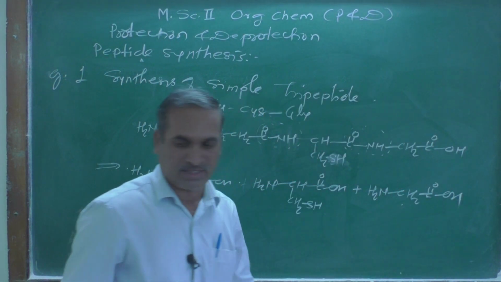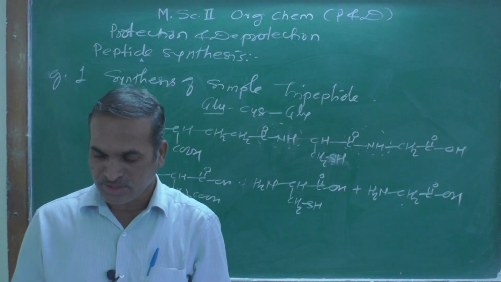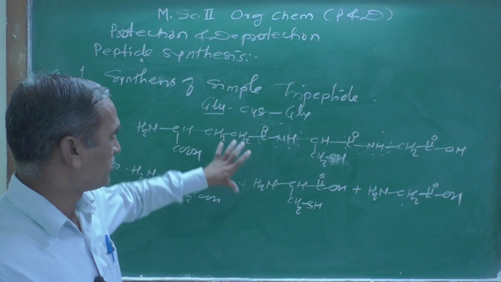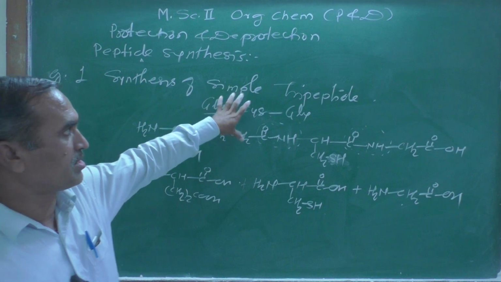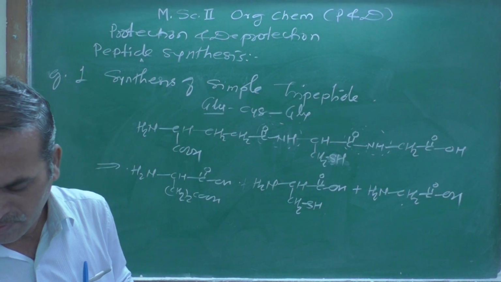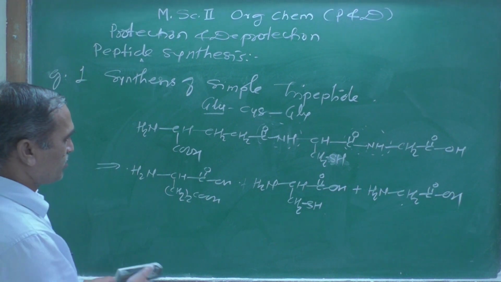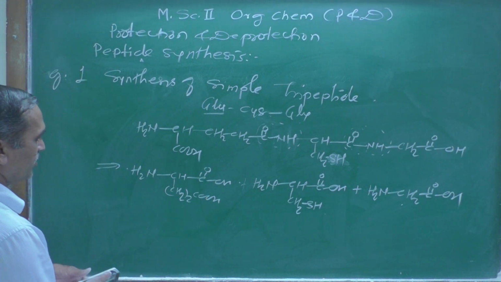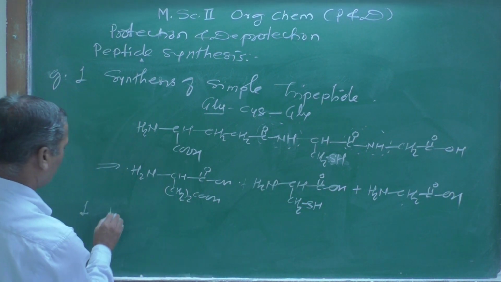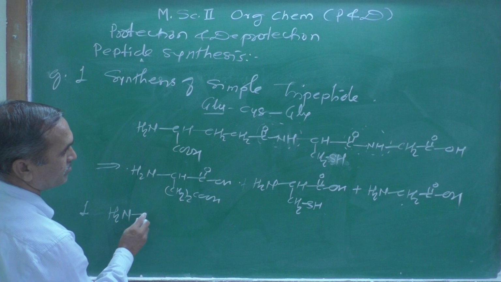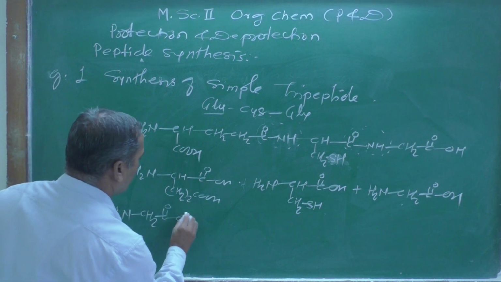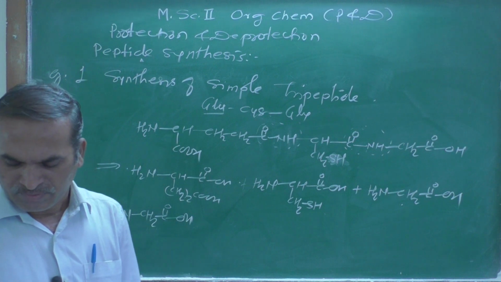This is glycine. These are the 3 structures combined together, and we are getting this type of peptide synthesis, that is a tripeptide. Now let us see, the first one is glycine over here. As we know, H2N, then CH2 C double bond OH, glycine.